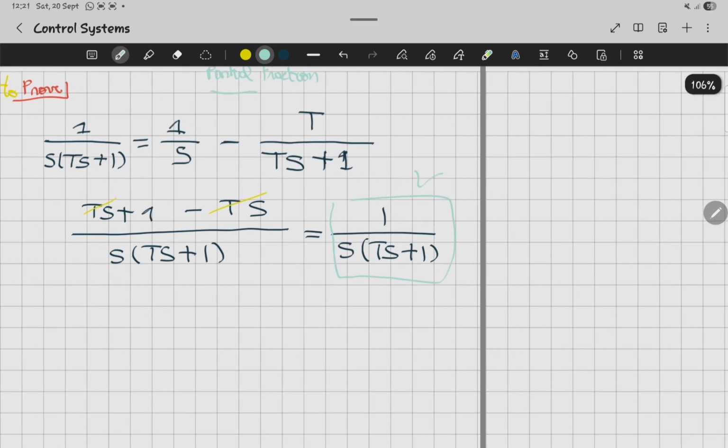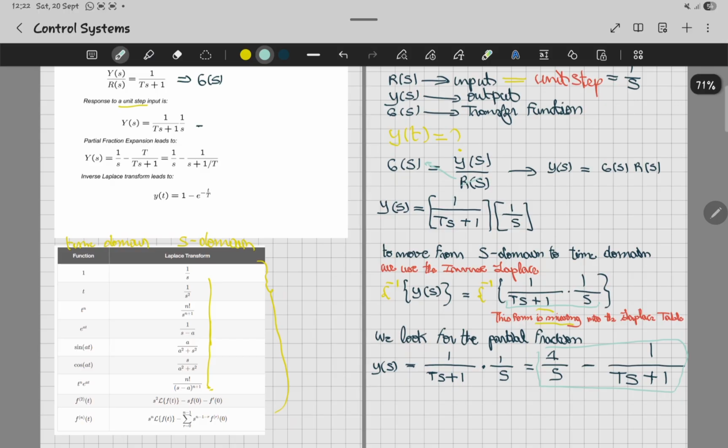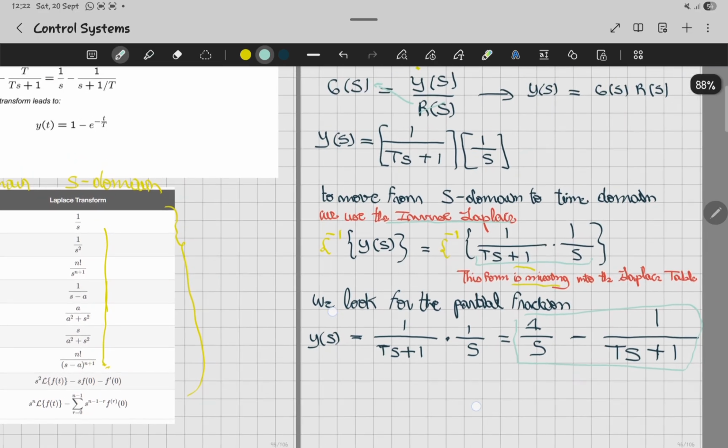question and see. So now we have obtained our partial fraction. This is the partial fraction that we have obtained. Now we need to take the inverse Laplace. Okay, so now it's possible for us to have the inverse Laplace.